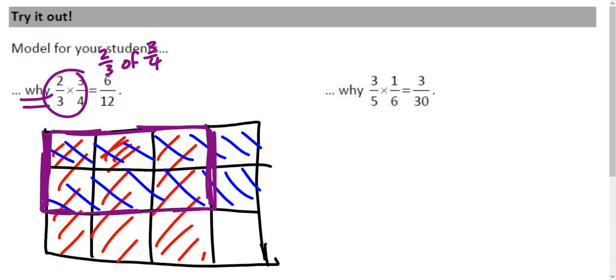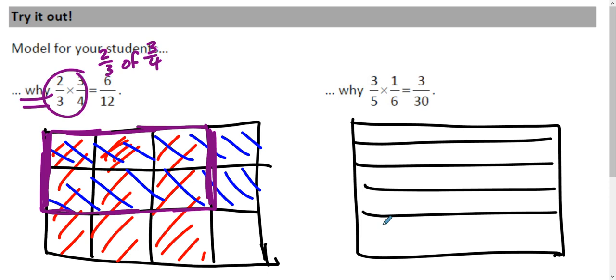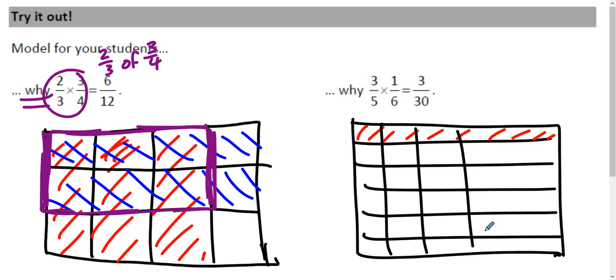And similarly over here, we're looking for 3/5 of 1/6, so we need sixths, and we want 1 of those sixths, and then we want 3/5 of that 1/6.